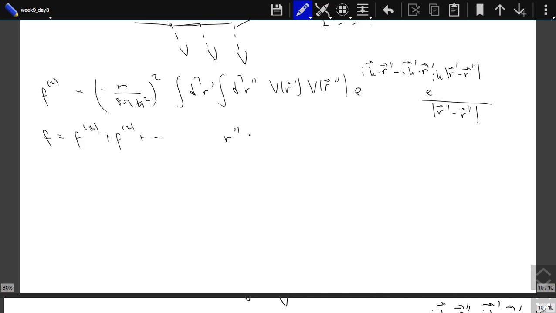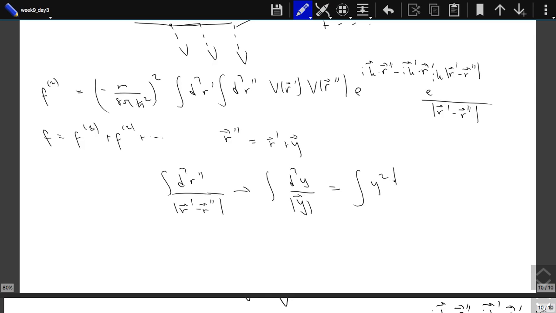Let's say r double prime is equal to r prime plus y. If you make this change of variable, d cubed r double prime divided by the length of r prime minus r double prime goes to d cubed y over y, which is y squared dy d omega, the solid angle corresponding to this y coordinate, divided by y.